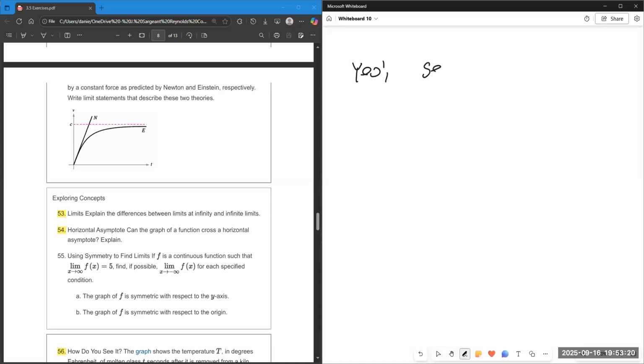So graphs B and E from the matching problems that we did first.